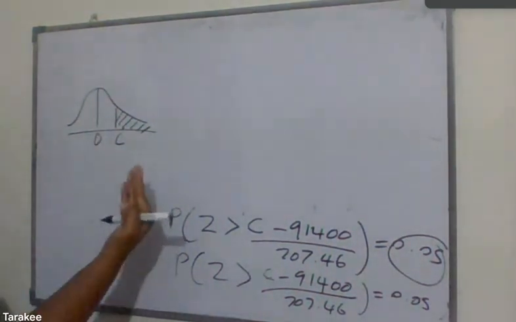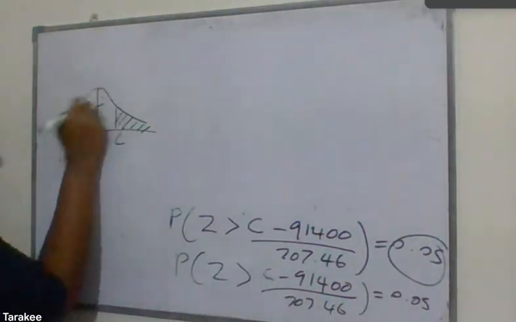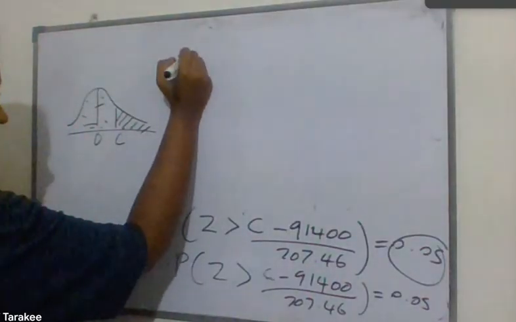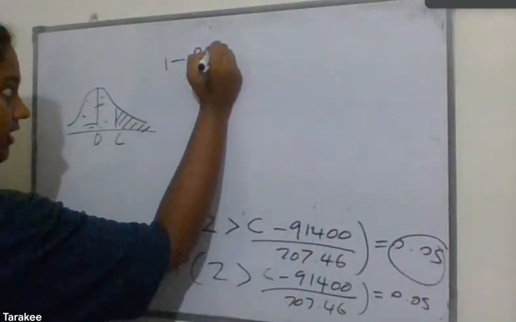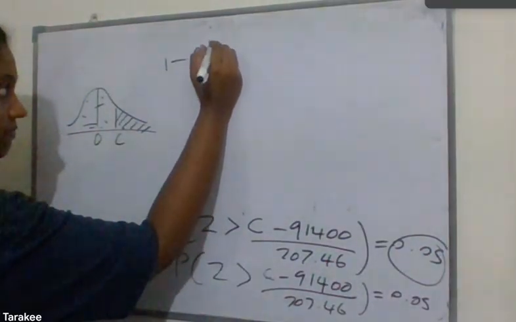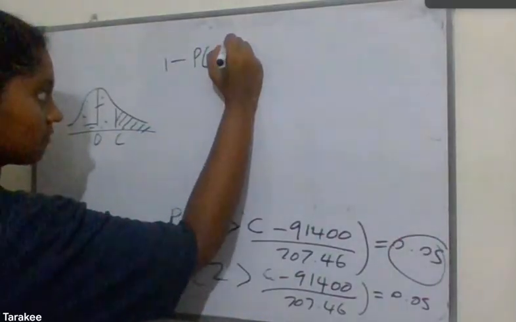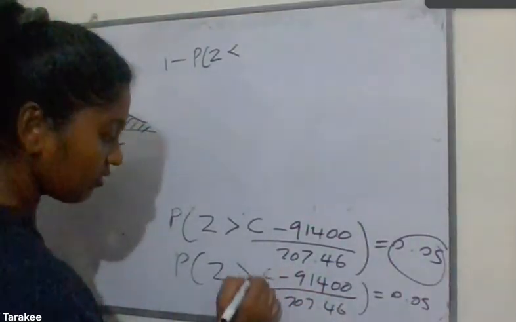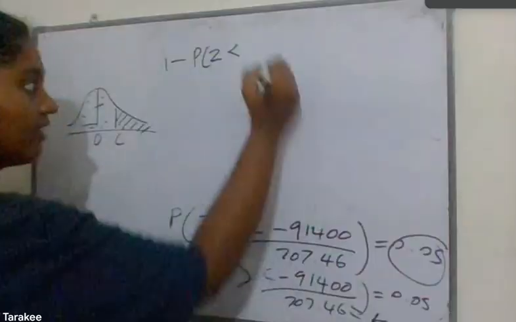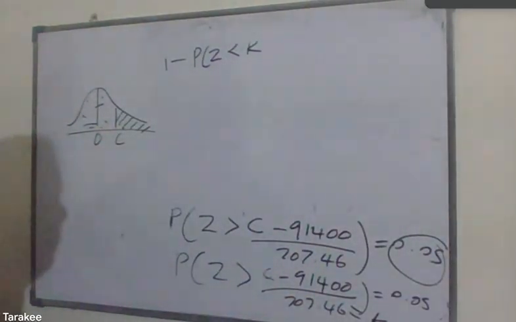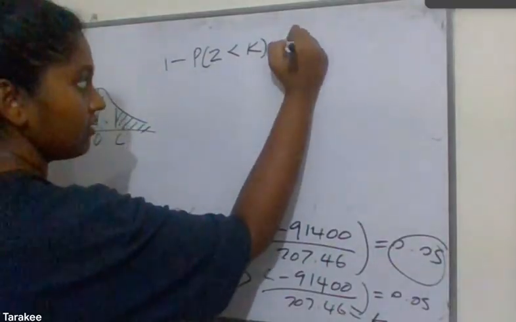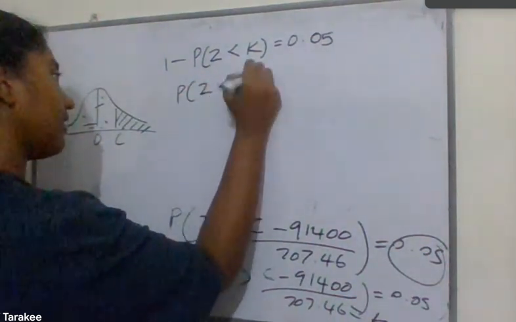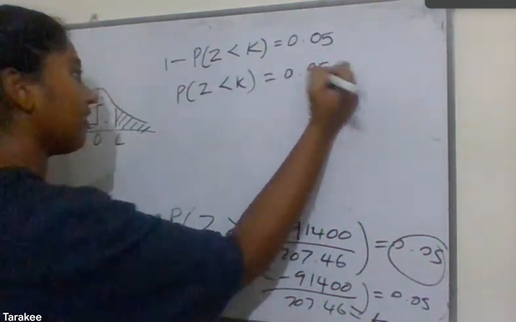We have to always get to the left side of the graph, this side. So how you can calculate that is 1 minus P(Z less than this). I'll take this entire thing as k. Okay, k equals 0.05. So P(Z less than k) equals 0.95.